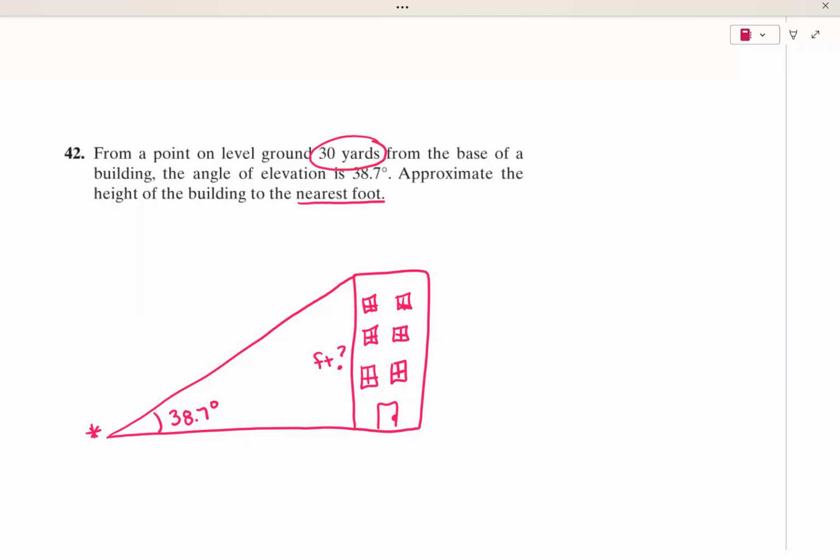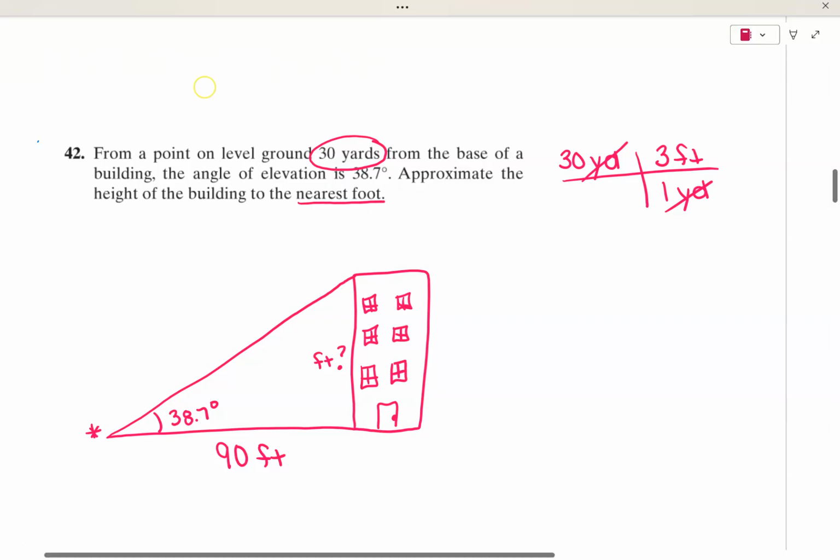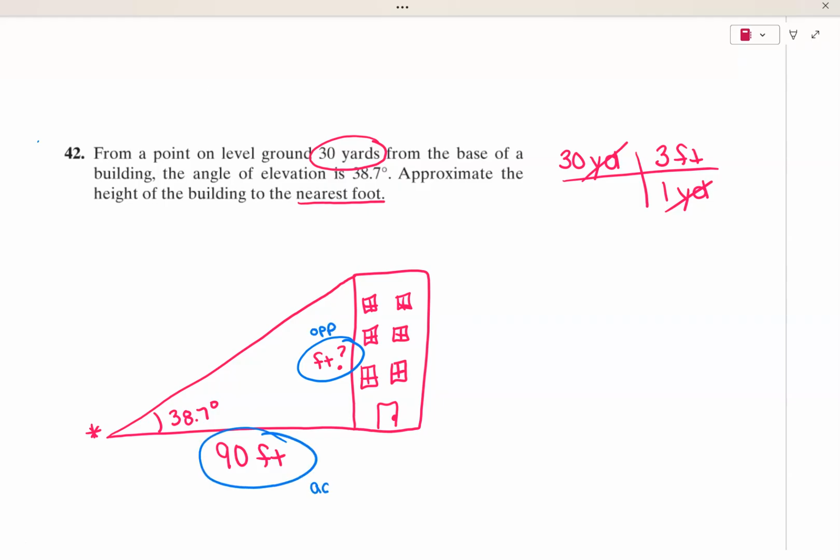So we need to convert that. So 30 yards, how many feet are in a yard? In 1 yard, we have 3 feet. So yards cancel, 30 times 3 is 90 feet. So we're given opposite over adjacent. So that's tan again.